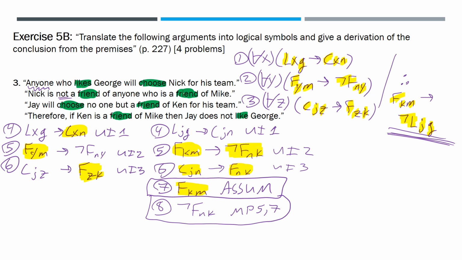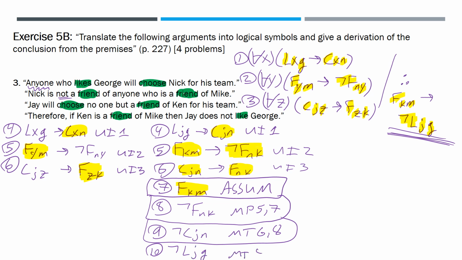So for line 9, we can get it's not the case CJN by modus tollens, lines 6 and 8. We're told not CJN, this contradicts line 4's consequent. So for 10, we can get not LJG by modus tollens for 9.